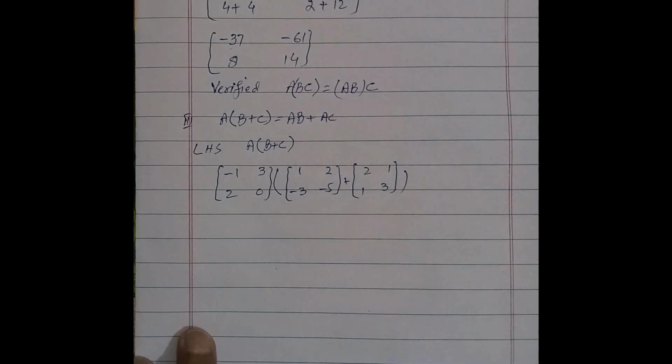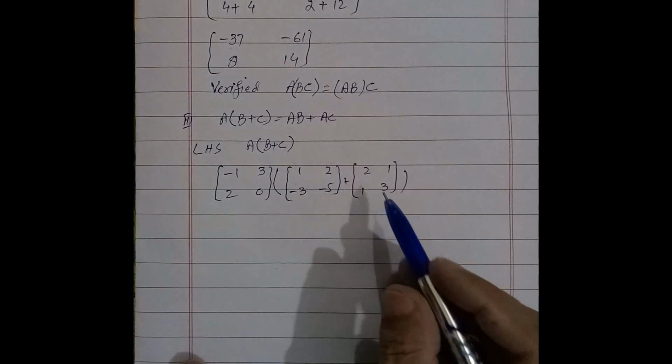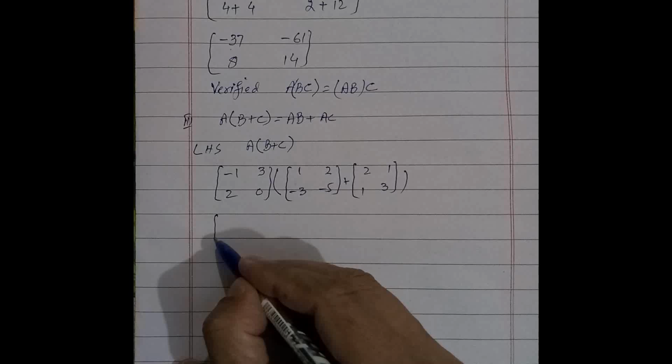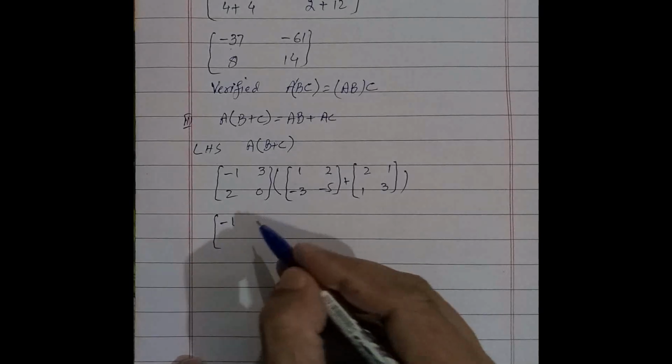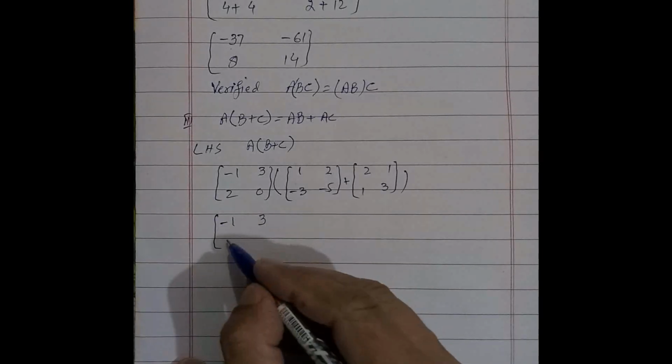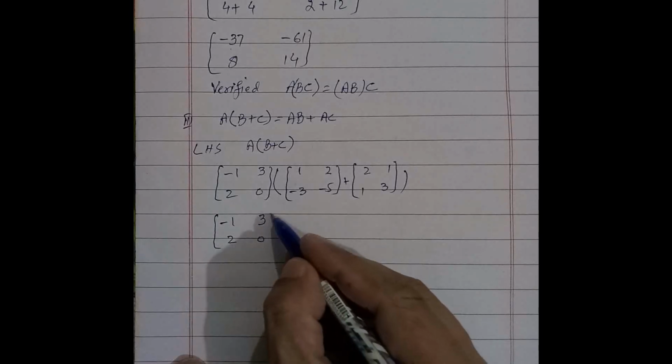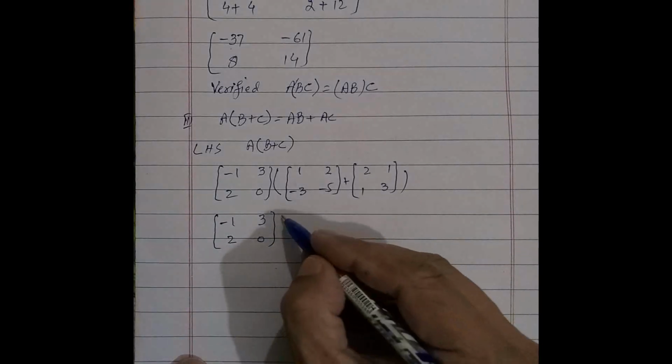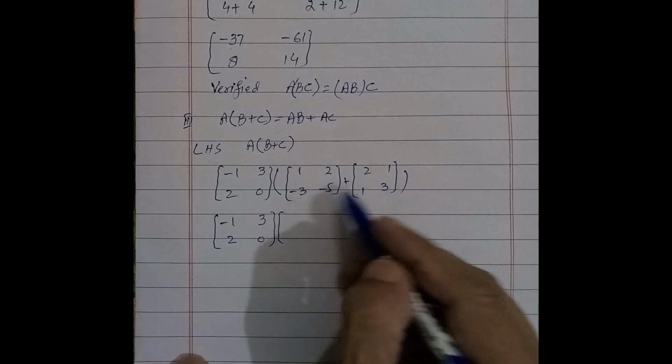Bracket close. And we know that the values in the bracket are solved first. So we add B plus C matrix first, and the matrix A is out of the bracket, so we write it and add these two matrices.